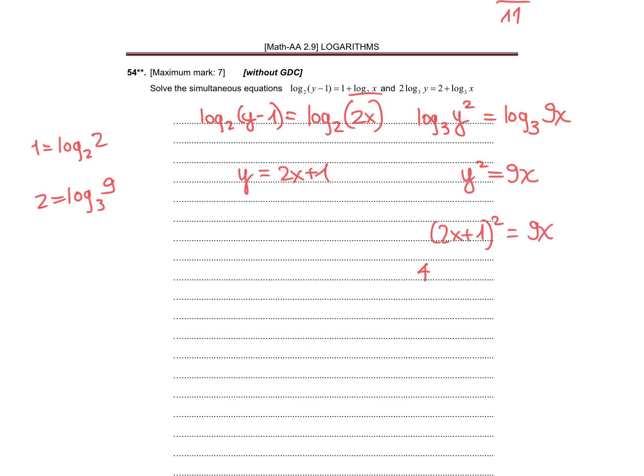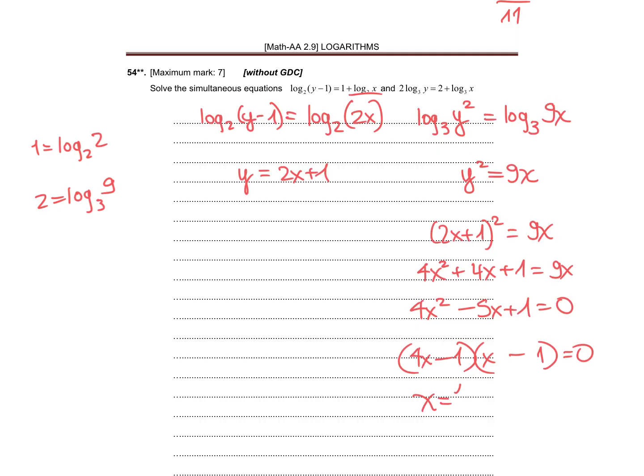So we're going to have 4x squared plus 4x plus 1 equals 9x. And then it's quadratic, so we have 4x squared minus 5x plus 1 is 0. And we know 1 is here and here, and we need 4x and x and negative. So x is 1/4 or x is 1.